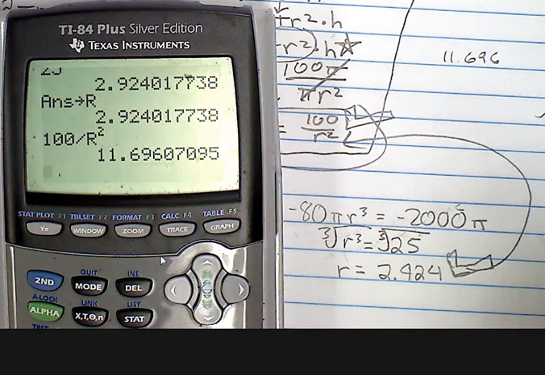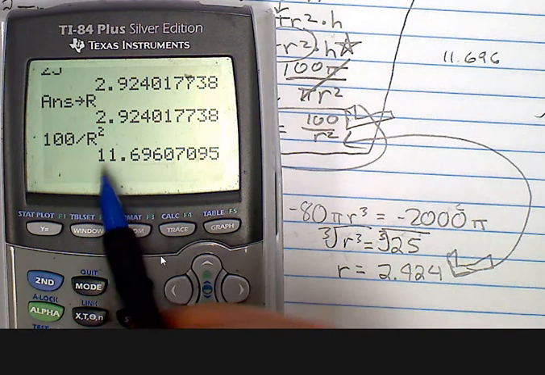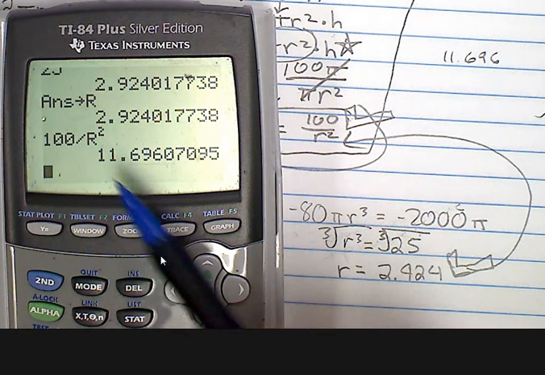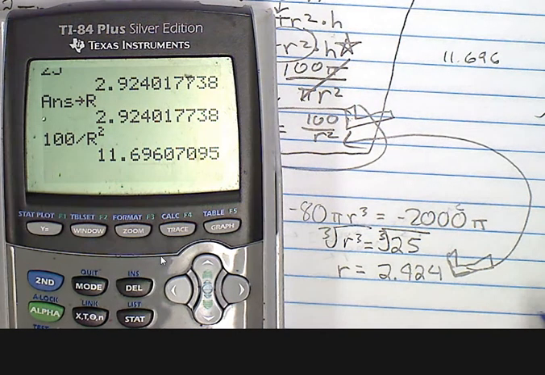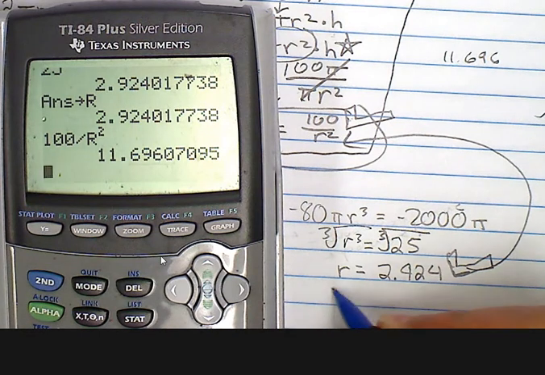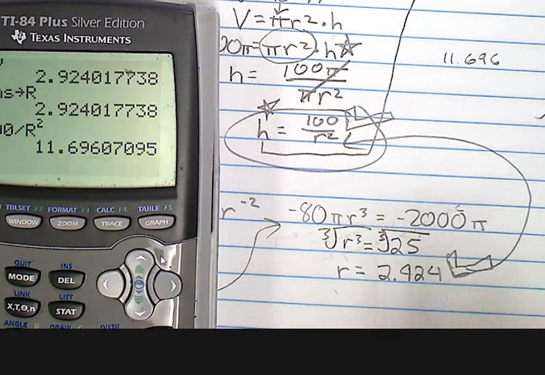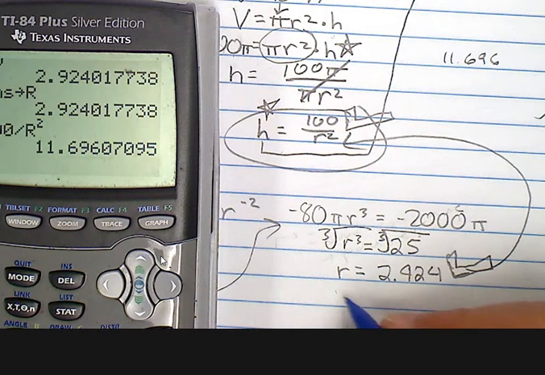But you will not get lucky every time. You need to store your rounded decimals and use that. And plus, it's easy. You just type R, especially if you're plugging it into something big. So 100 divided by R squared was my height. So height is equal to 11.696.